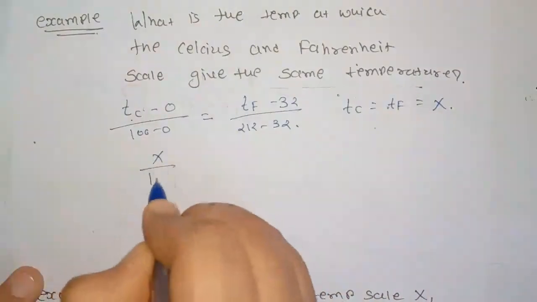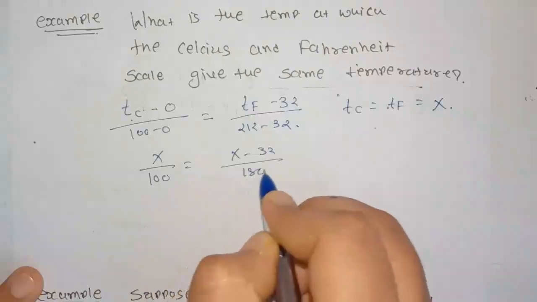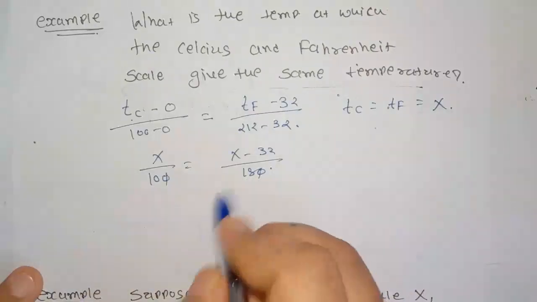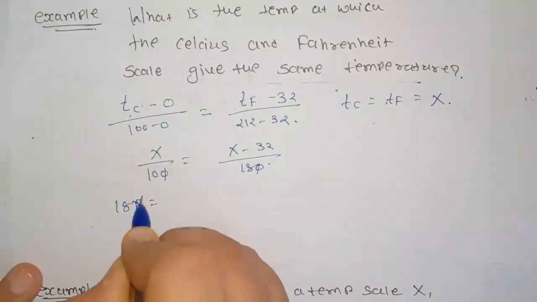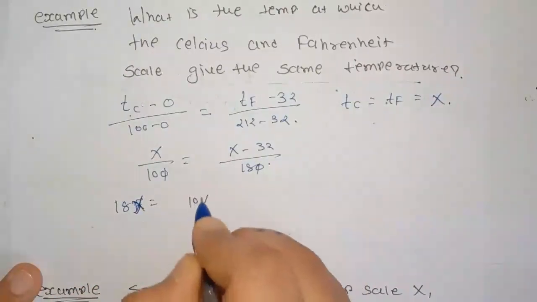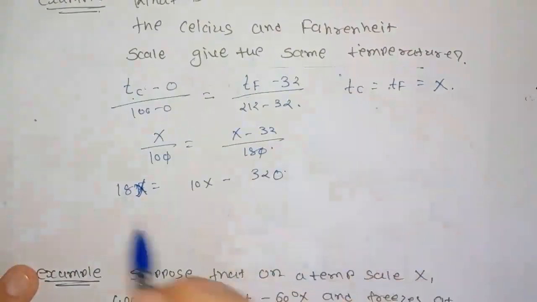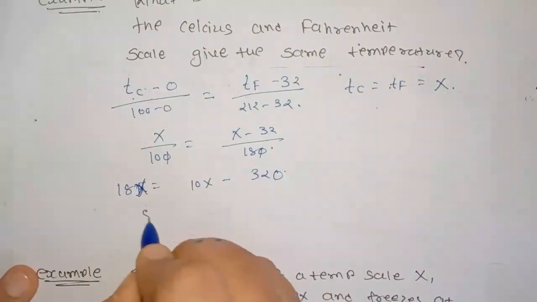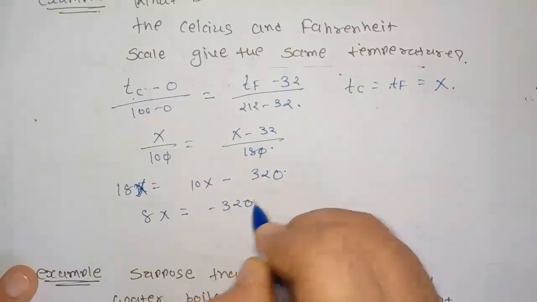So X upon 100 is equal to (X minus 32) upon 180. The 0 will get cancelled out. So 18x is equal to 10x minus 320. So 8x is equal to minus 320.